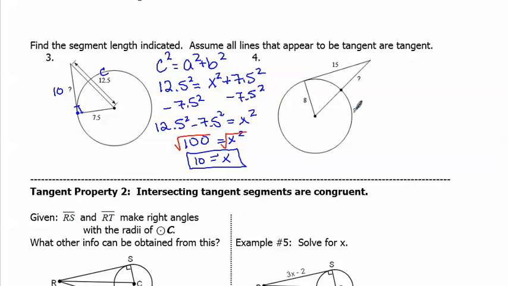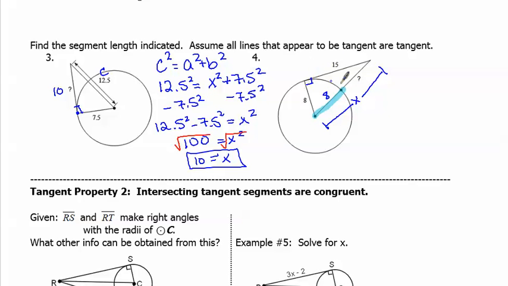Now this next one is a little trickier. If you remember from example 2, any segment that goes from the center of a circle to a point on the circle happens to be the radius. So this I know is 8. Well, that's not going to really help me. I don't want to have 8 plus x and have to square them. I'm going to actually call this entire segment x, because at the end I can always just take away the 8.